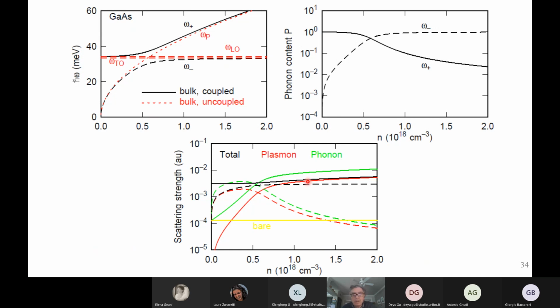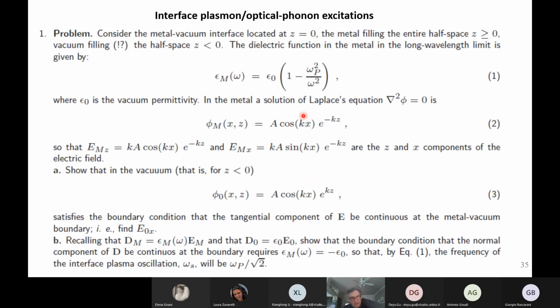So it's a strange effect, but what you can do now is exactly the same thing at an interface between a semiconductor and the dielectric. This is something that I think I may show, or I will show, in one of the homework assignments, but I give you the solution here as well.